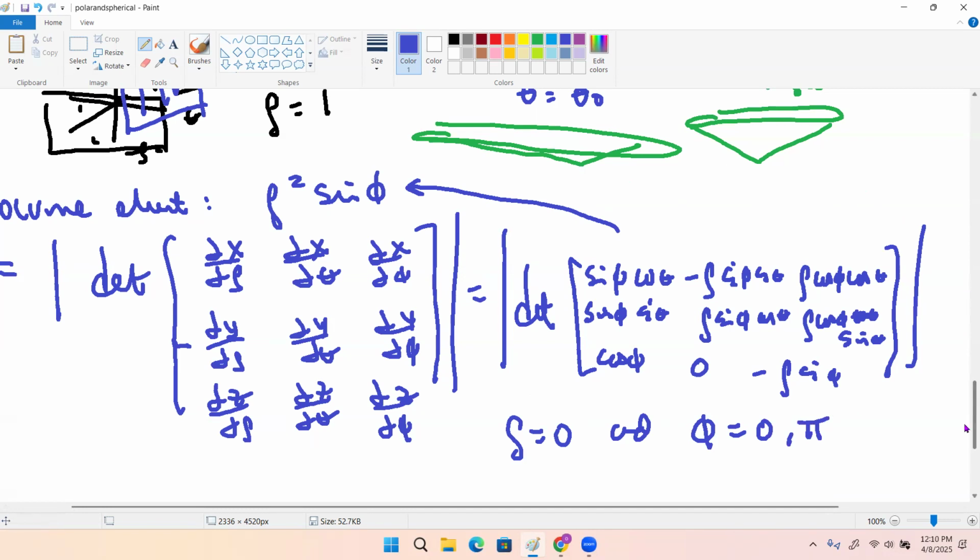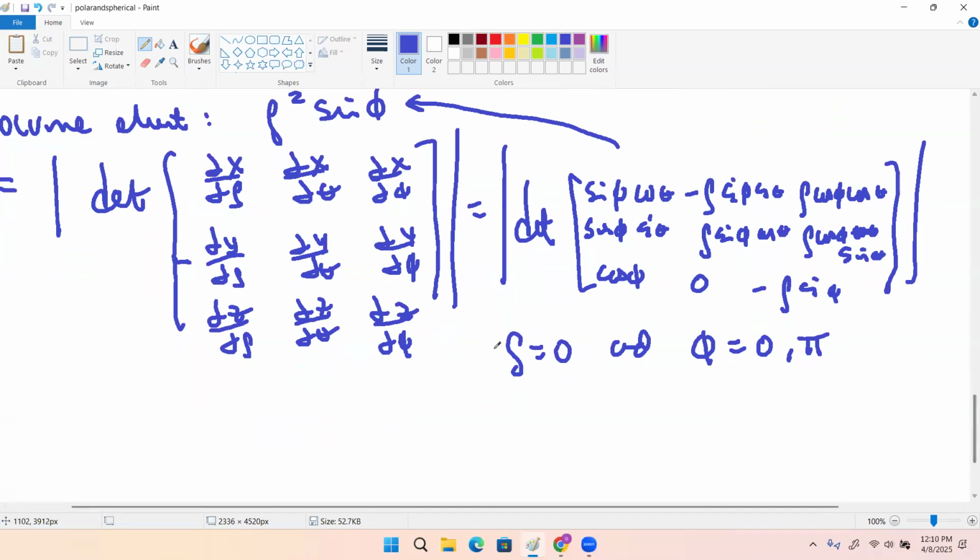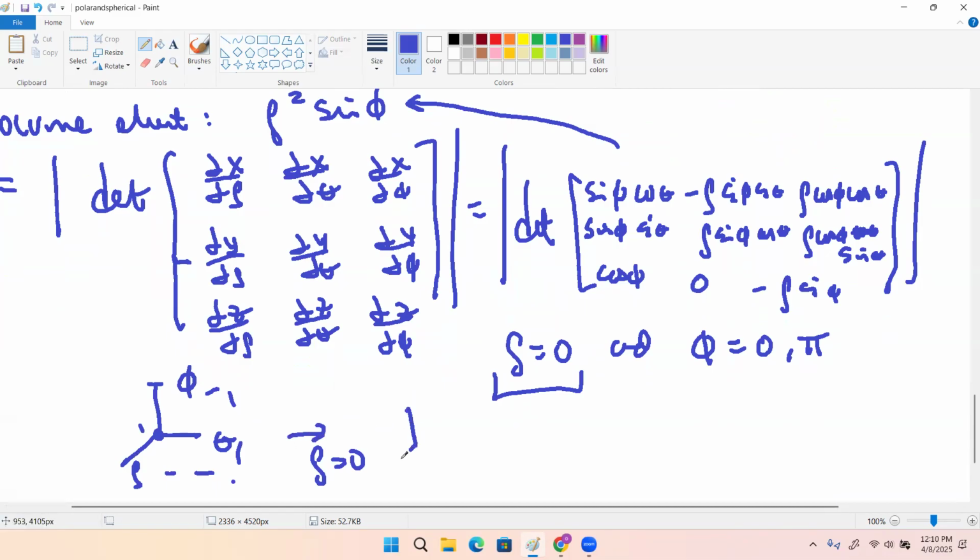Now let's see what happens there. Well, this one we already understood. We already understood that in rho theta phi space, this rho equals 0, which is this whole plane, gets squished down to a single point. So that's somewhat easy to understand. Now, if we take phi equals 0, that's this whole plane right here.